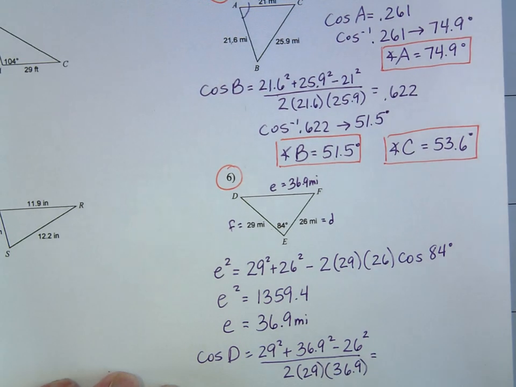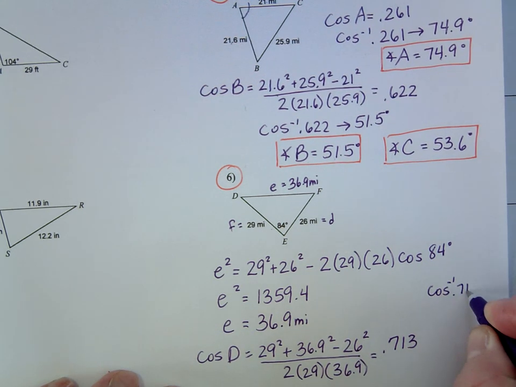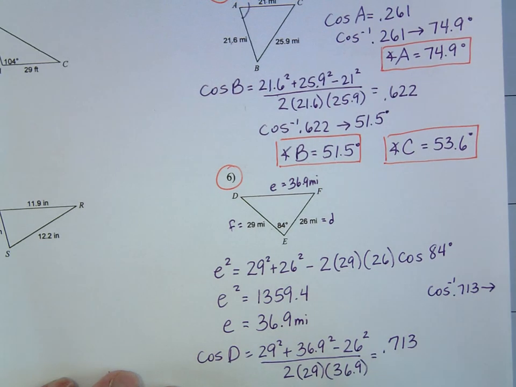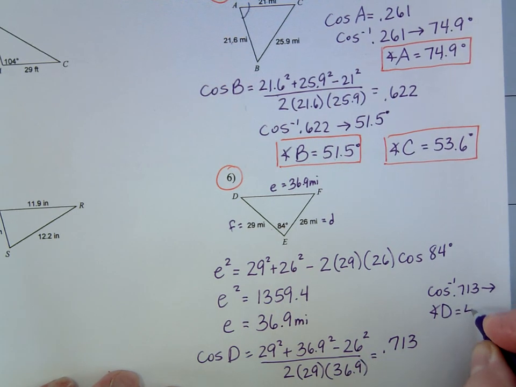So I go to my handy dandy calculator, and out pops 0.713. And so if I put that in my calculator, cosine to the -1 of 0.713, I get my reference angle, and that reference angle is 44.5, angle D.